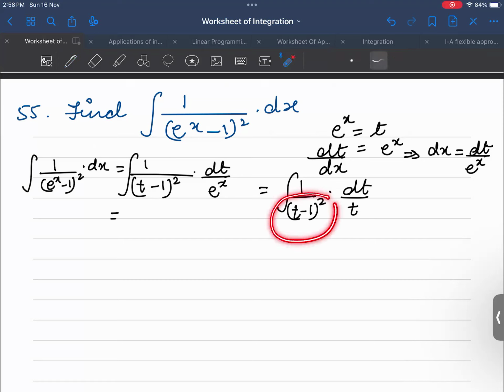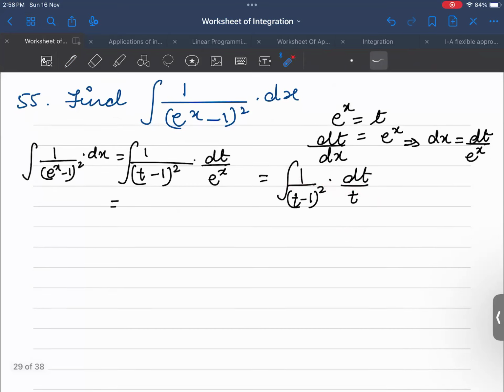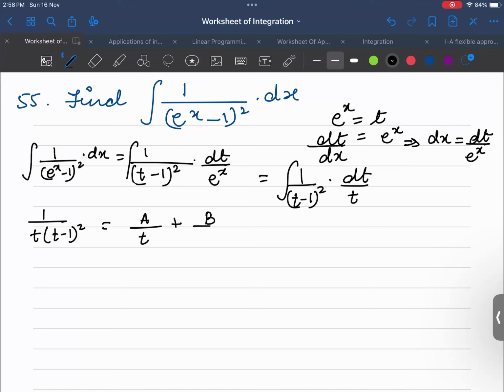This is a repeated factor and one is linear. The way we have done the previous question, exactly the same. So I can say 1 upon t (t minus 1) whole square can be written as a upon t plus b upon t minus 1 plus c upon (t minus 1) whole square.